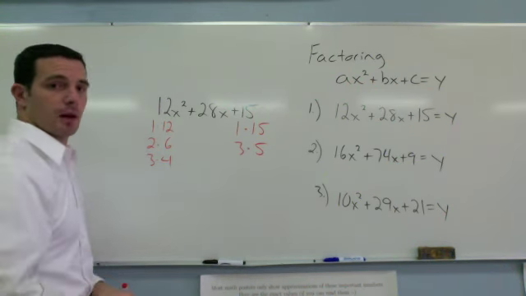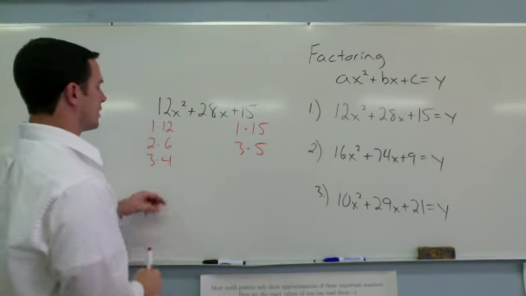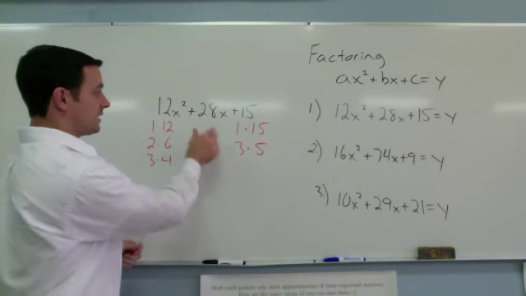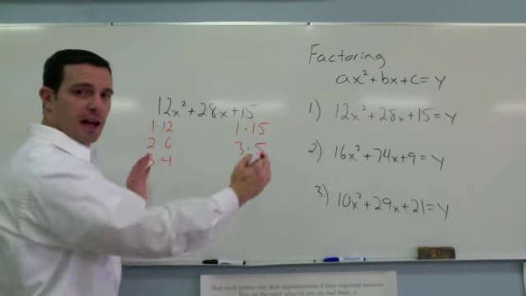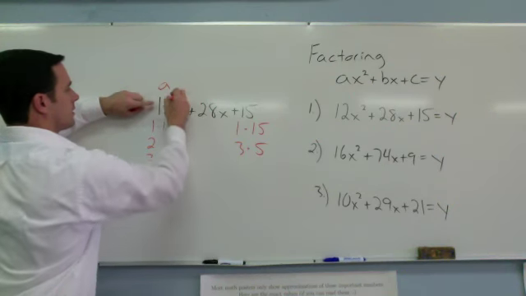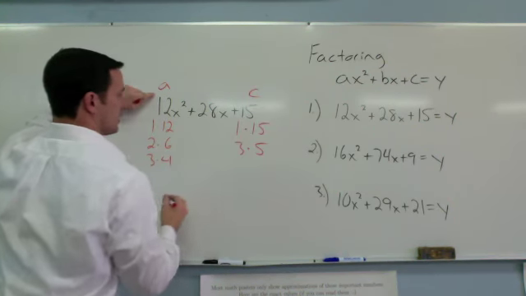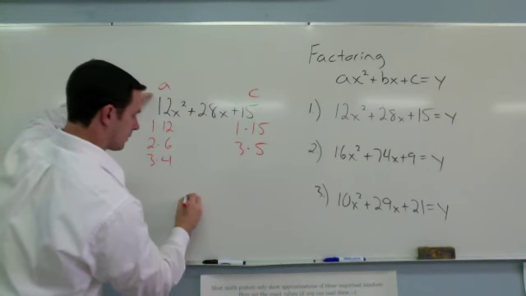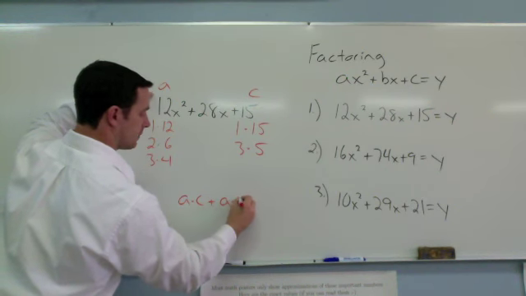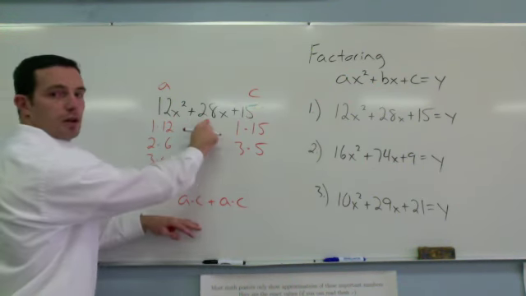Now, from here, I need to find a combination where I'm using one of these groups with one of these groups to get 28. And when I put the combination together, it has to go like this. These right now are my A's. These right now are my C's. So I need a combination of A times C plus A times C so that it equals 28.